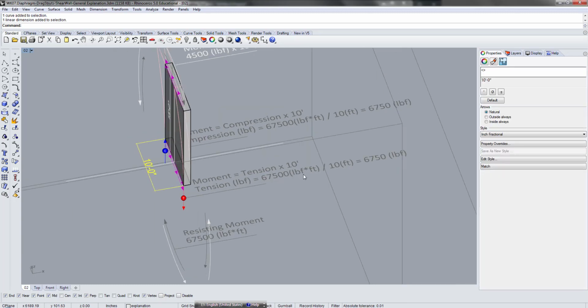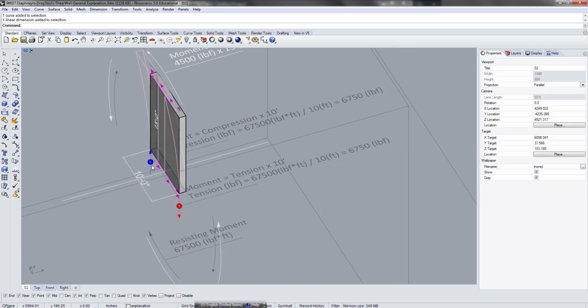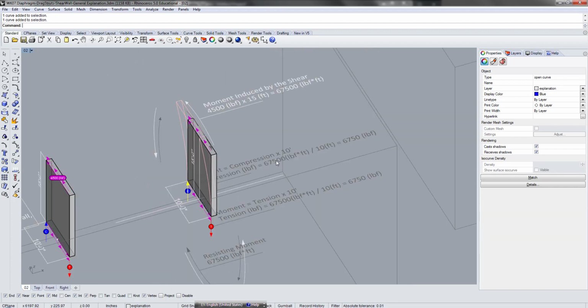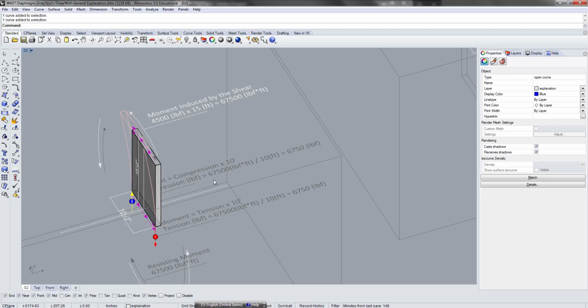Either way, it should be equal to this 67,500 divided by 10. So for each of these, this tension should be 6,750 pound force, and this compression should be 6,750 pound force. So you see how this lateral force gets transferred to this linear shear and eventually comes down to the top of the wall.